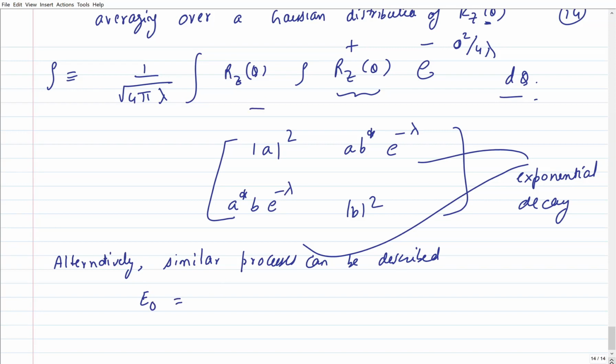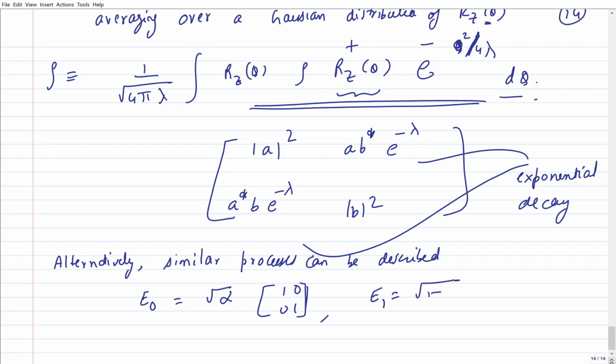So this was when I had averaged over an entire spectrum of random kicks by a Gaussian variable. Or I can treat it as a discrete process, which is some alpha, nothing happens to the Bloch sphere, and with the probability of 1 minus alpha, square root of 1 minus alpha, I have the phase flip channel.